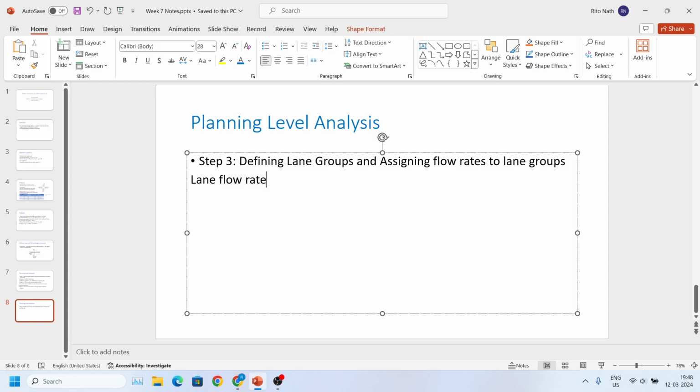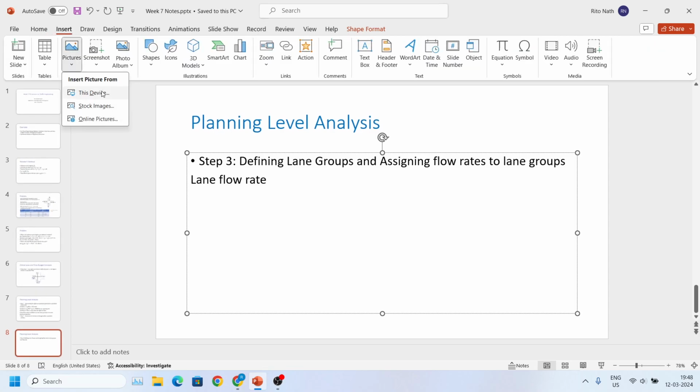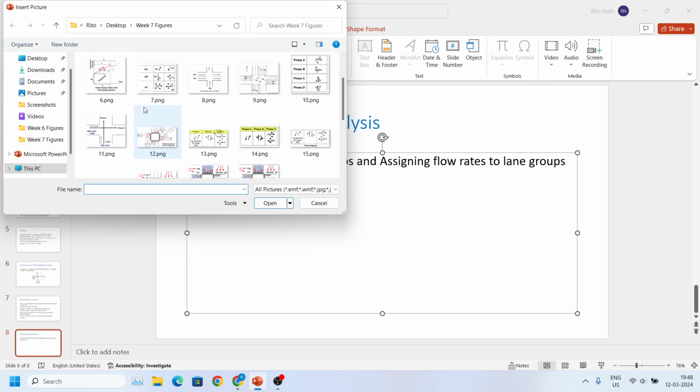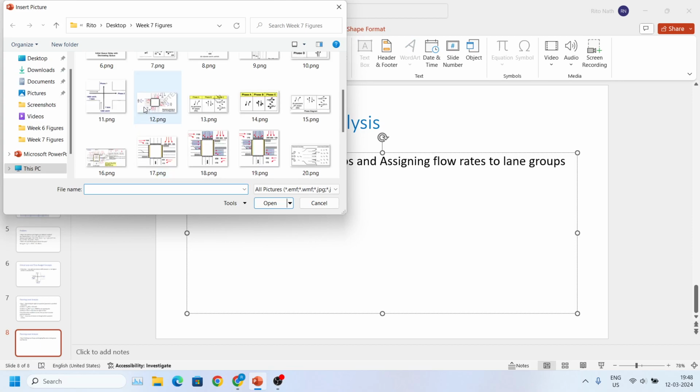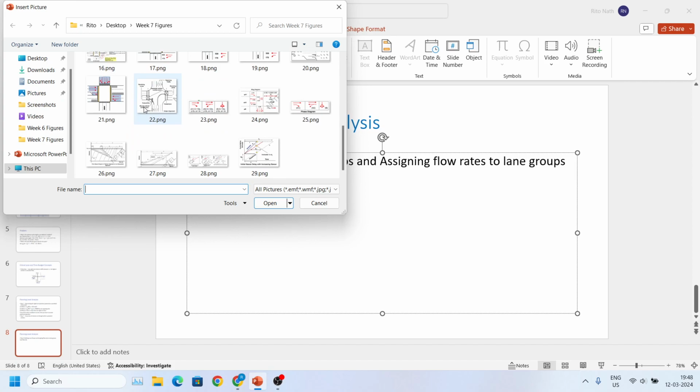That's very simple. There was one example given in the class, with the movements of the lane groups defined for every approach. You have the V adjusted, and the lane groups were also defined. Let me see if I have the figure, I think it will be easier to understand.